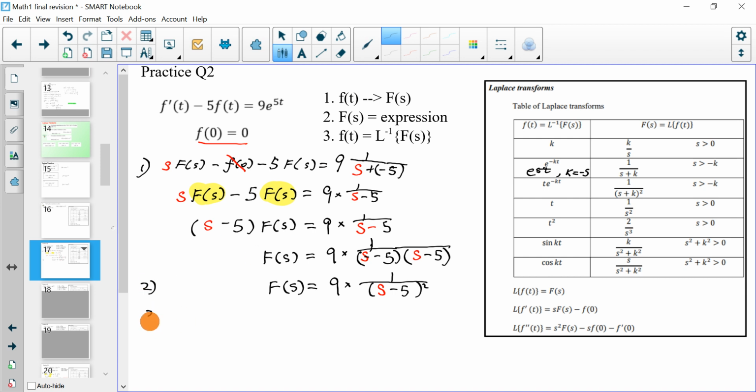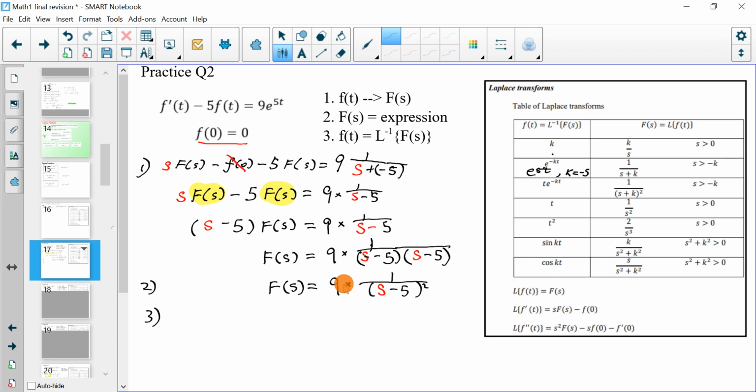Now simply step 3, when we have an F of s expression, we're going to come back to the lookup table to find something that looks like 1 over s minus 5 squared. Notice I kept this number 9 in the front as a constant, because a Laplace transform is very straightforward when you have linear combinations of it.